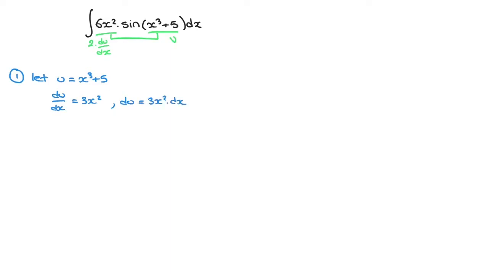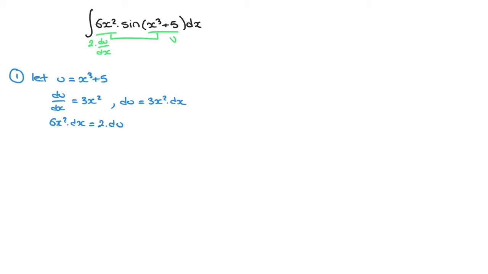Now, in our integral, we don't have 3x squared dx, we have 6x squared multiplying dx. And that's just 2 times du. So we can state that 6x squared dx equals 2 du. Okay, that's our first step done.